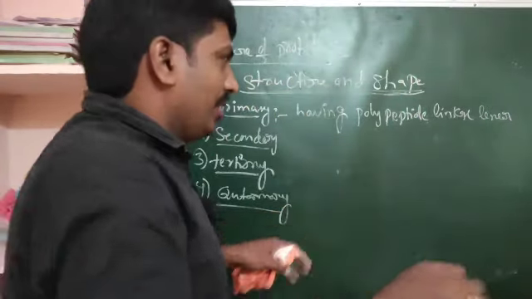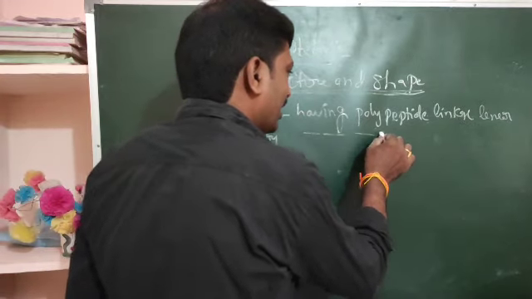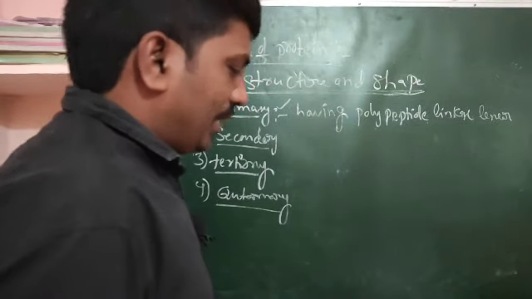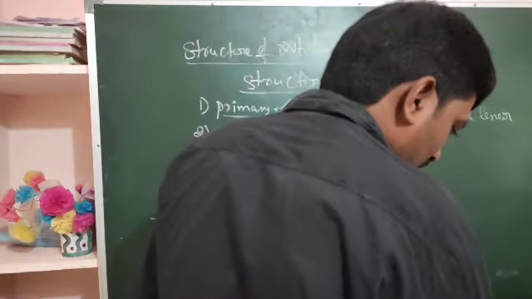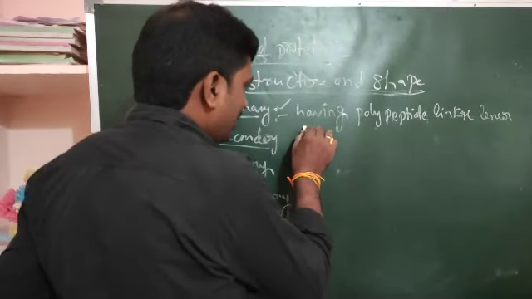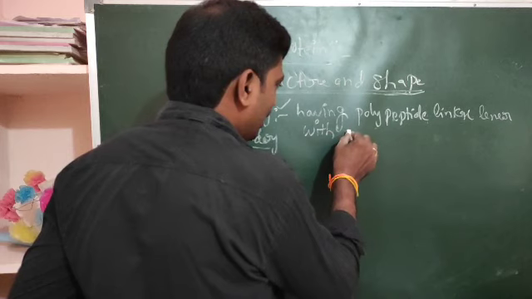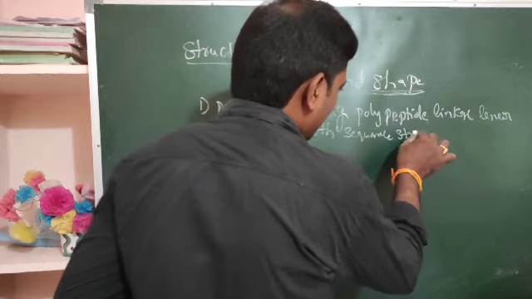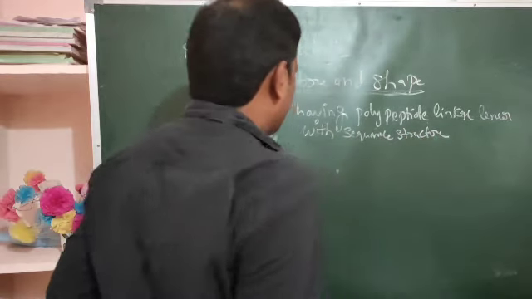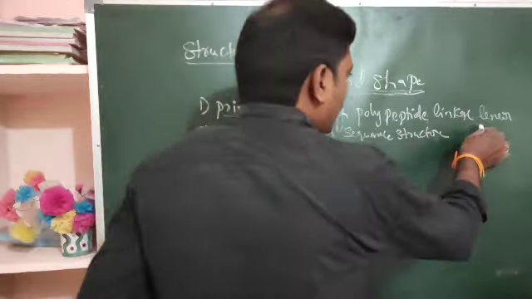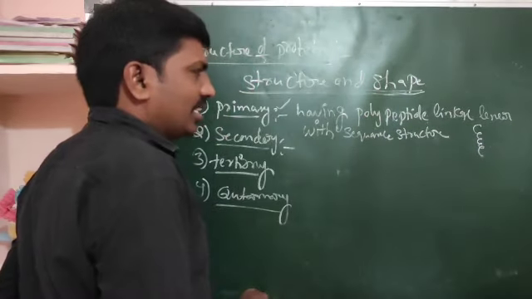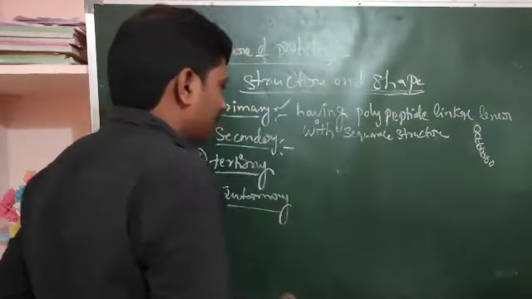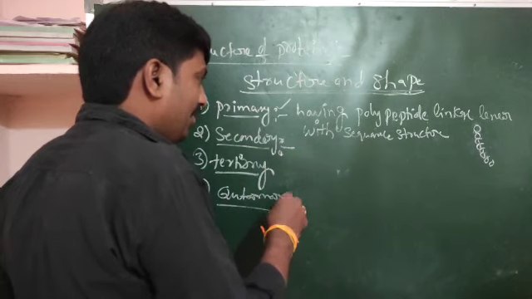Linear means one connected to another like a line. That we call primary peptides or primary proteins. It is linear with a sequence, a sequence structure. Sequence means there is an order. That is primary. This is the primary structure. Secondary means it has two types.